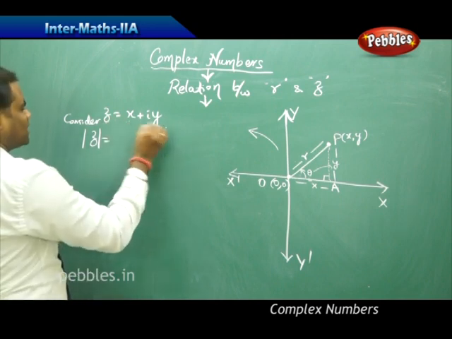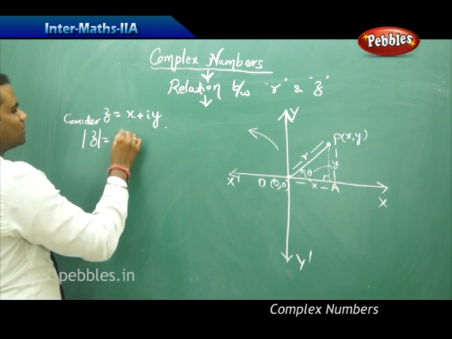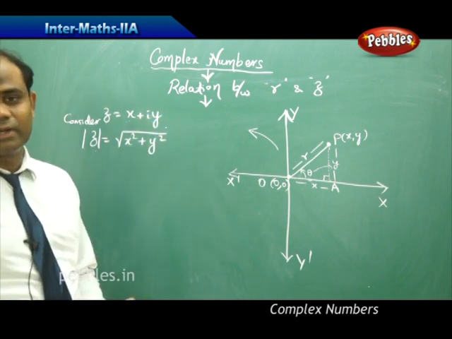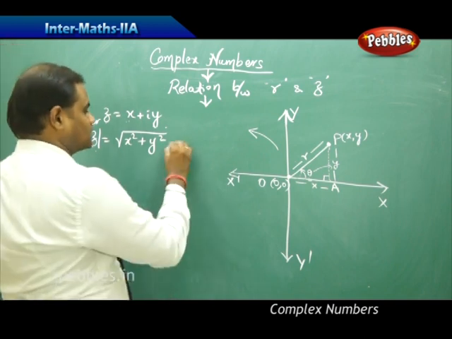When z is x plus iy, mod z is root of x square plus y square by definition of modulus.